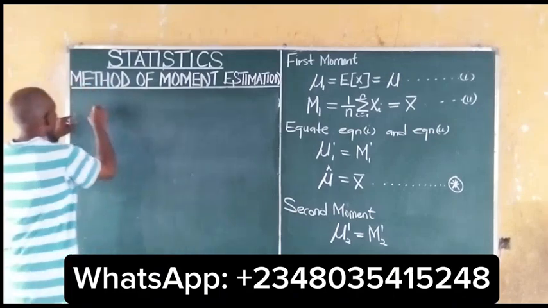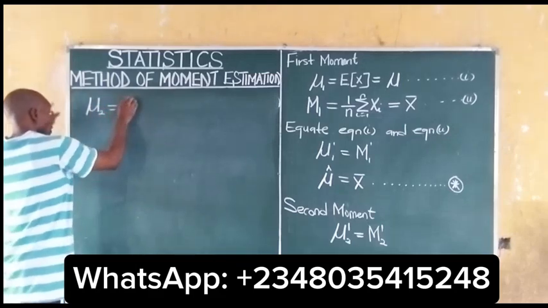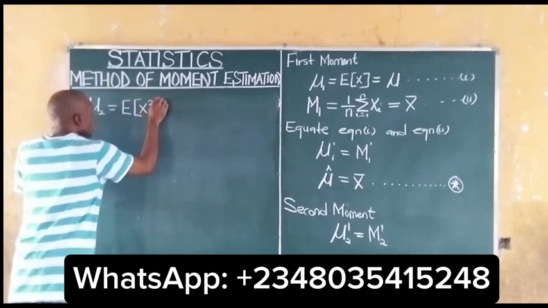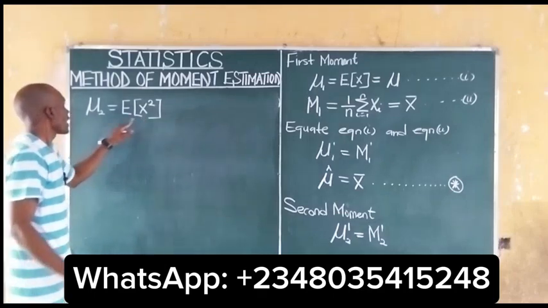For the second moment, our population moment is equal to the expected value of x squared. Now, we don't know this.